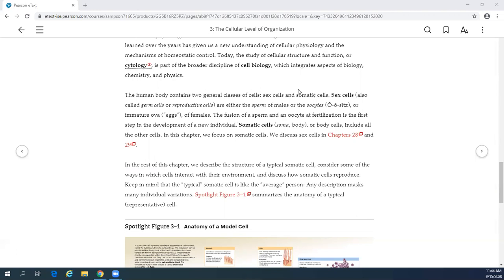Somatic just means body, or soma. So somatic cells are body cells, and sex cells are germinative or reproductive cells, so they're either the sperm or the oocytes. When we get to the reproductive system, that's when we'll talk about those. For now, we're just going to concern ourselves with somatic cells, or body cells.